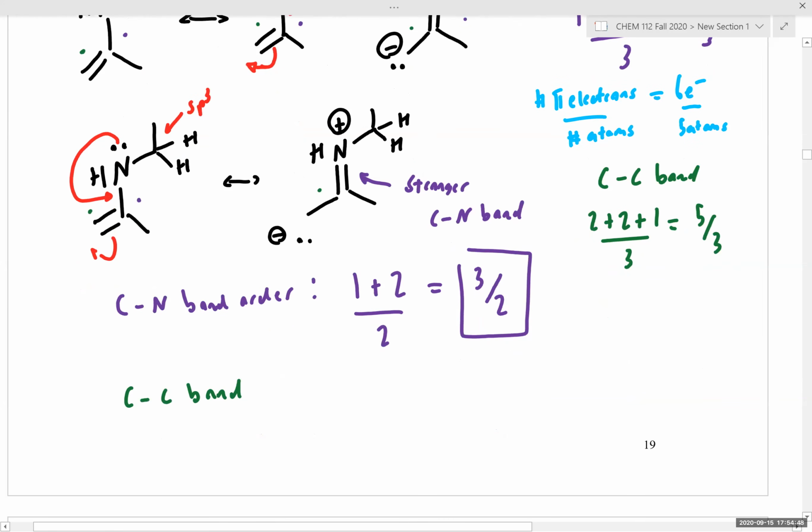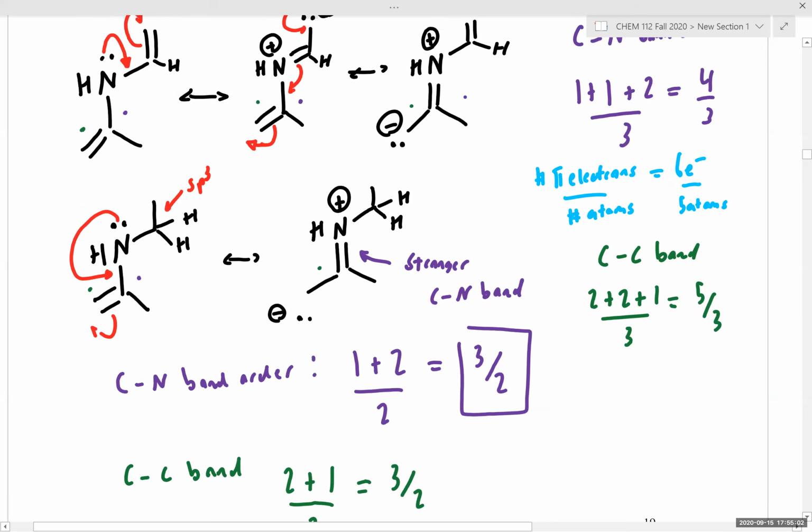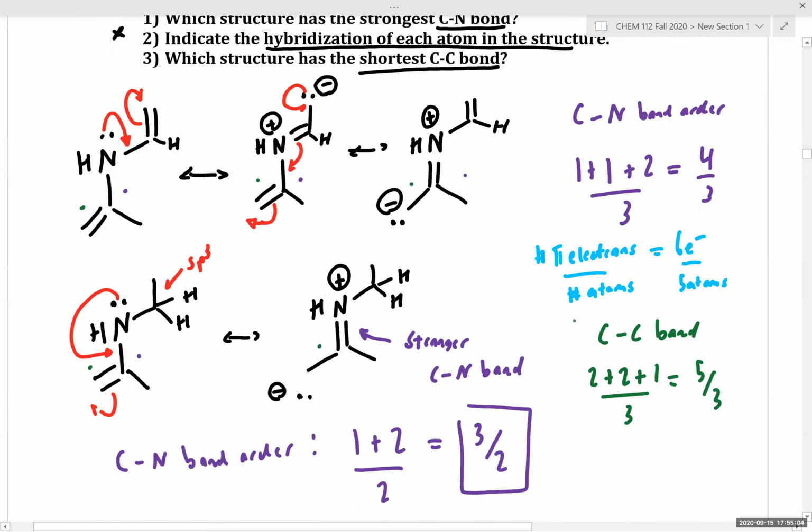For our bottom structure, we have a bond order of 2 and a bond order of 1, divided by 2, and that gives us an average bond order of 3/2.